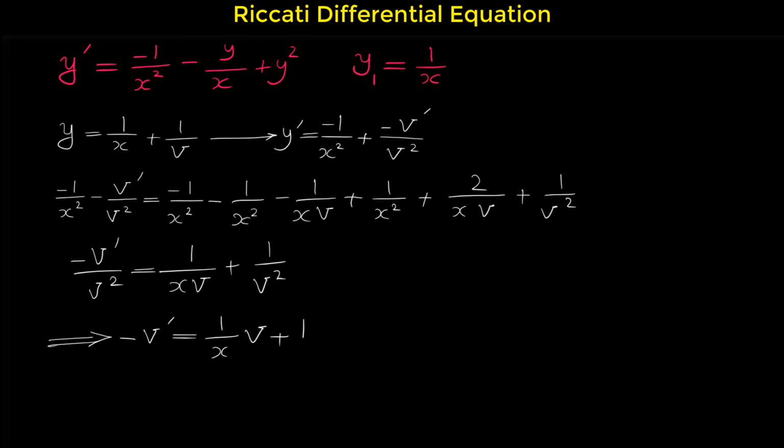Now this is a really simple first order linear differential equation. If we move this to the other side, we get this equation: v prime plus 1 over x times v plus 1 equals 0.